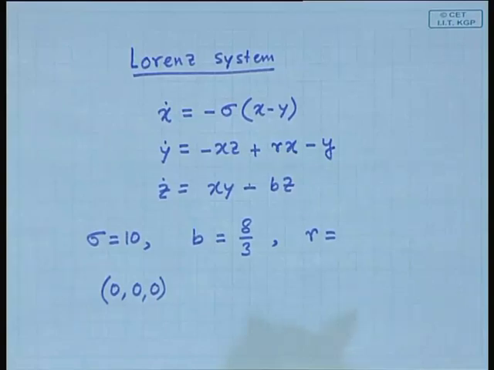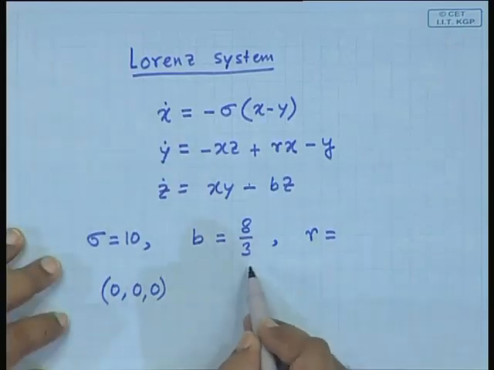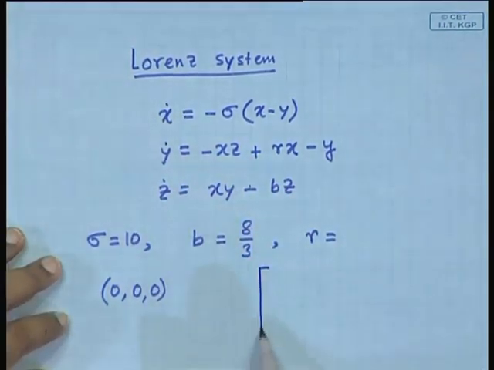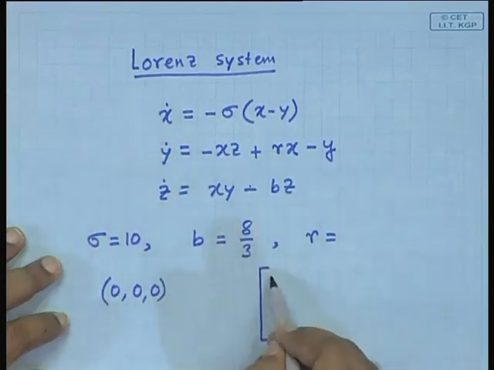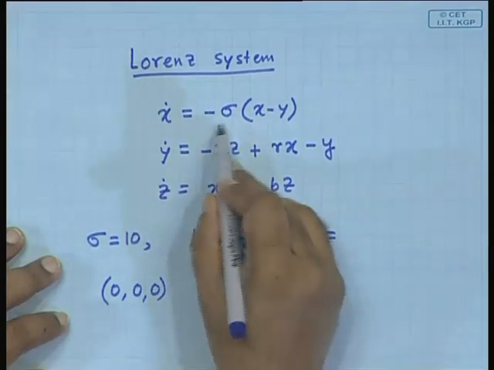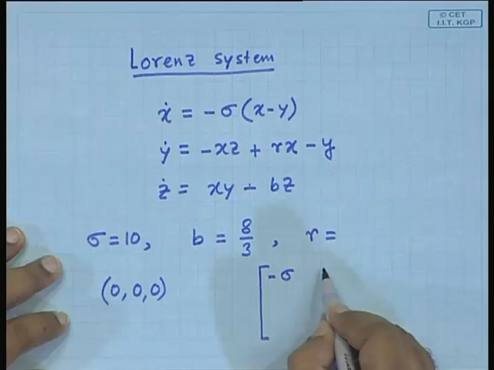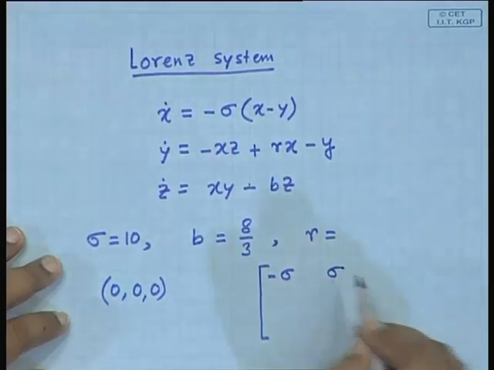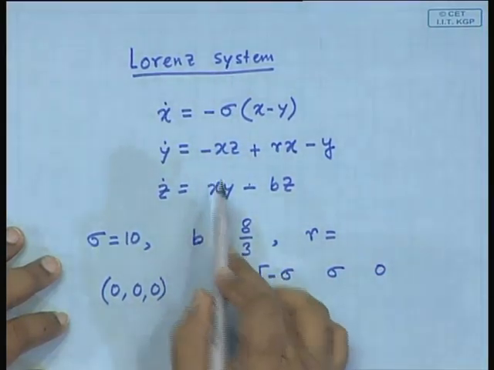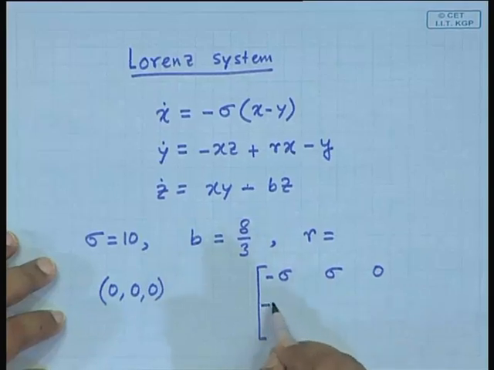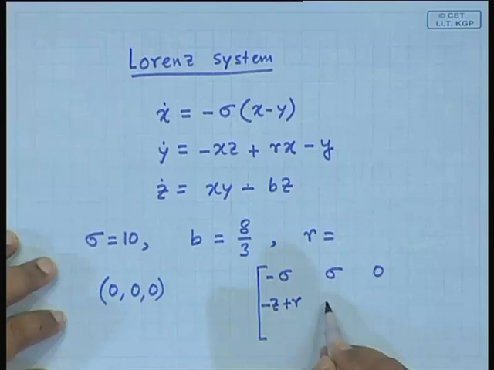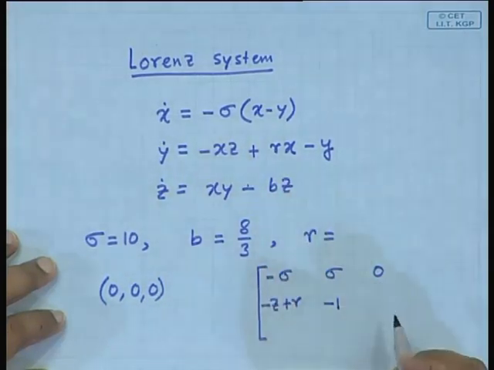0 0 0 is definitely one equilibrium point. The other thing is, what is the Jacobian matrix of this? Minus sigma, this is plus, so sigma, 0, this is minus z plus r, the second term is multiplied by minus 1, the third term is minus x.